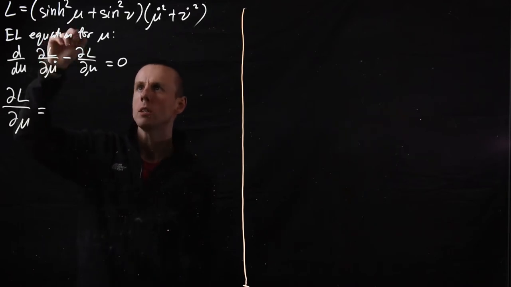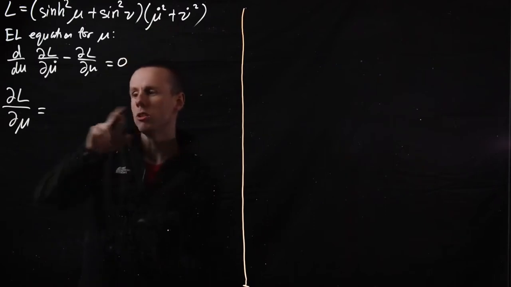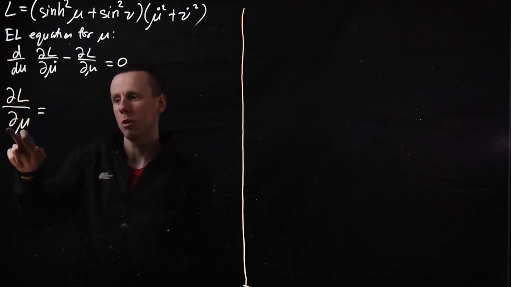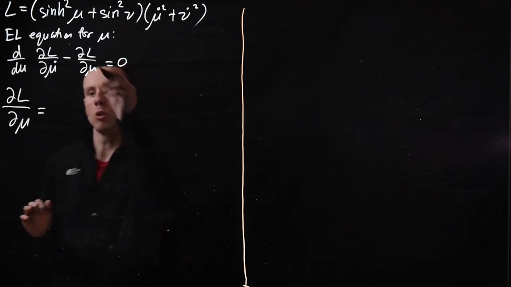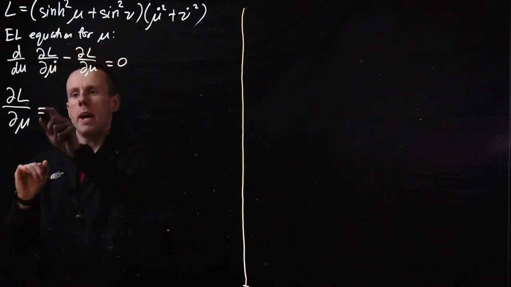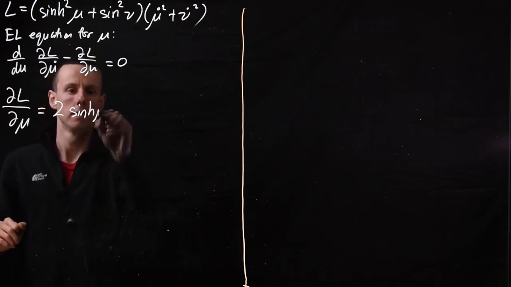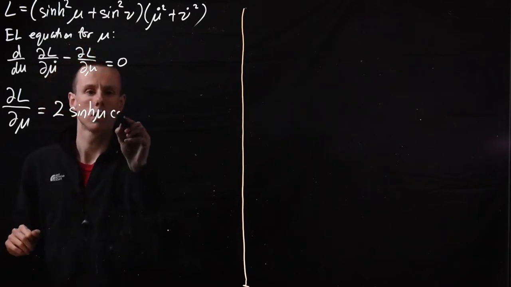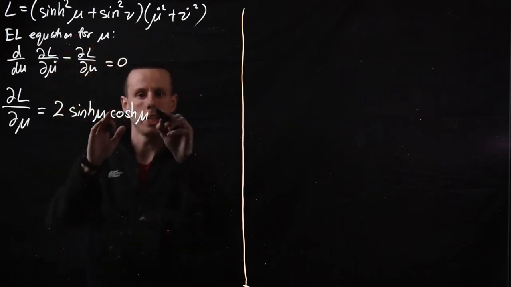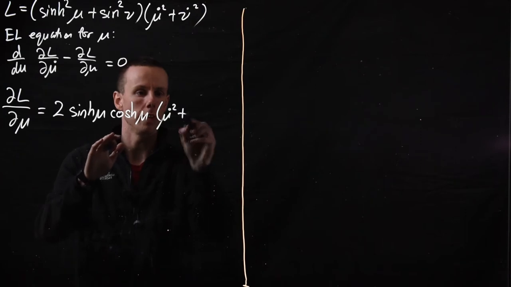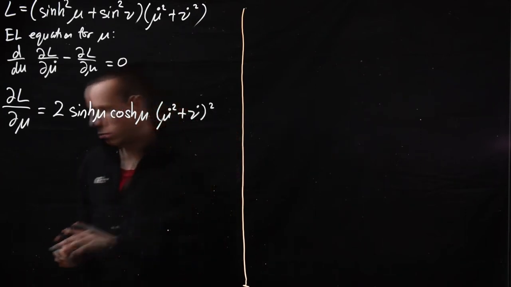And by the way, mu and mu dot are independent variables. So whenever I take a partial derivative with respect to mu, I treat mu dot as a constant. So when I take this derivative with respect to mu, I'm going to get 2 sine mu cos mu, using my chain rule, and that'll still then be times mu dot squared plus nu dot squared.